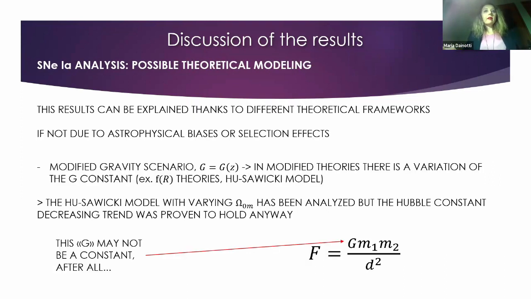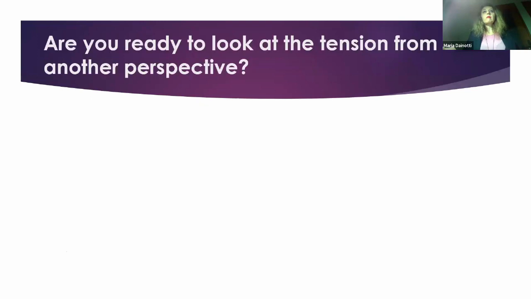And here is the summary of what I already explained about the possibility of these two solutions: either some astrophysical or selection biases that are still yet to be investigated, beside even the stretch parameter, or an additional theory of gravity model.